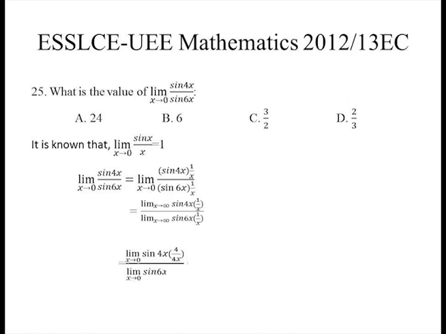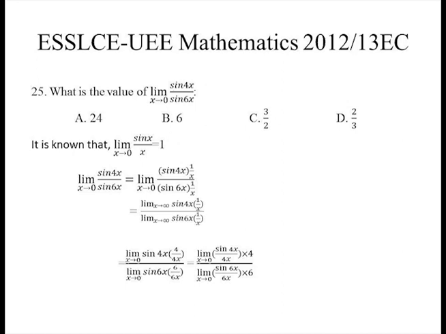This is equal to the limit of sine 4x divided by 4x, times 4 in the numerator, as x approaches 0, divided by the limit of sine 6x divided by 6x, times 6, as x approaches 0, because multiplication is commutative.